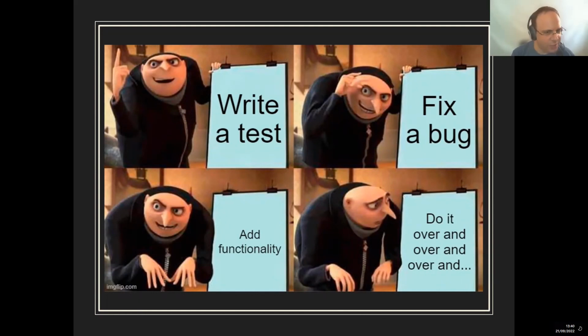Something failing, write a test. It doesn't really matter if it's a unit test or an API test or an end-to-end test. Write a test, think about how it will look when it's going to pass, but do it first. Then you write the assert, and then make it pass. It could be a bug fix, it could be a new feature, it doesn't matter. Write a test first.